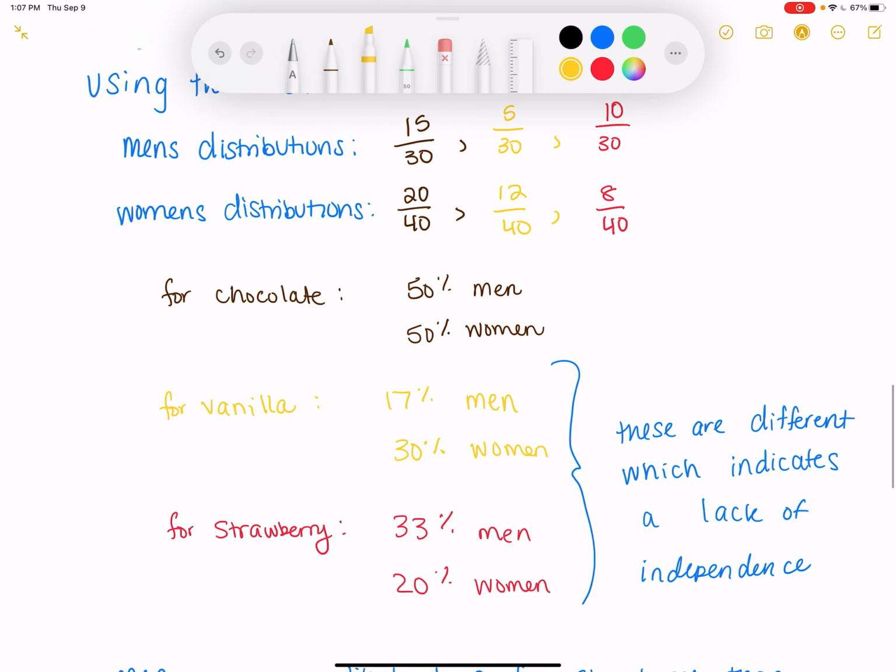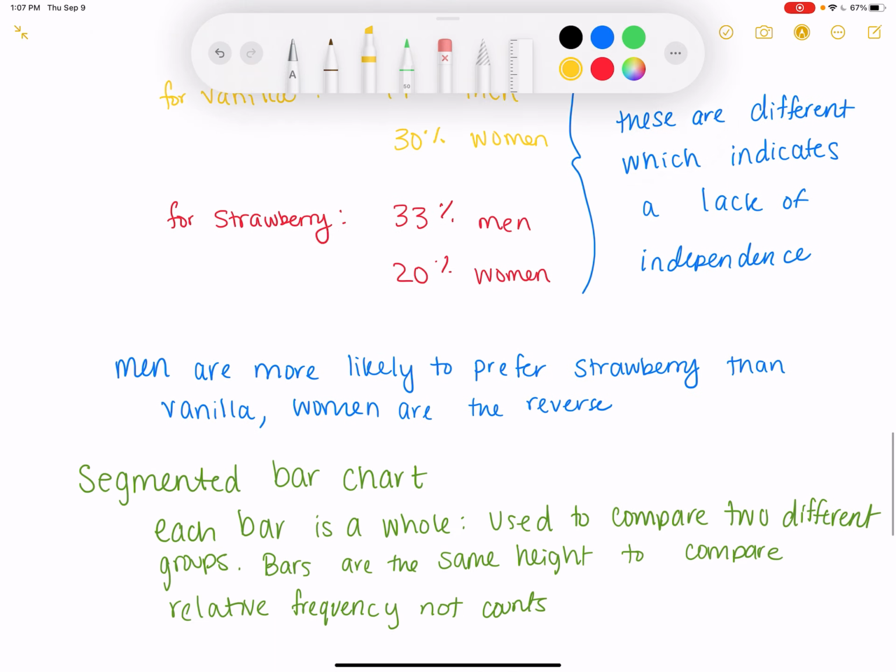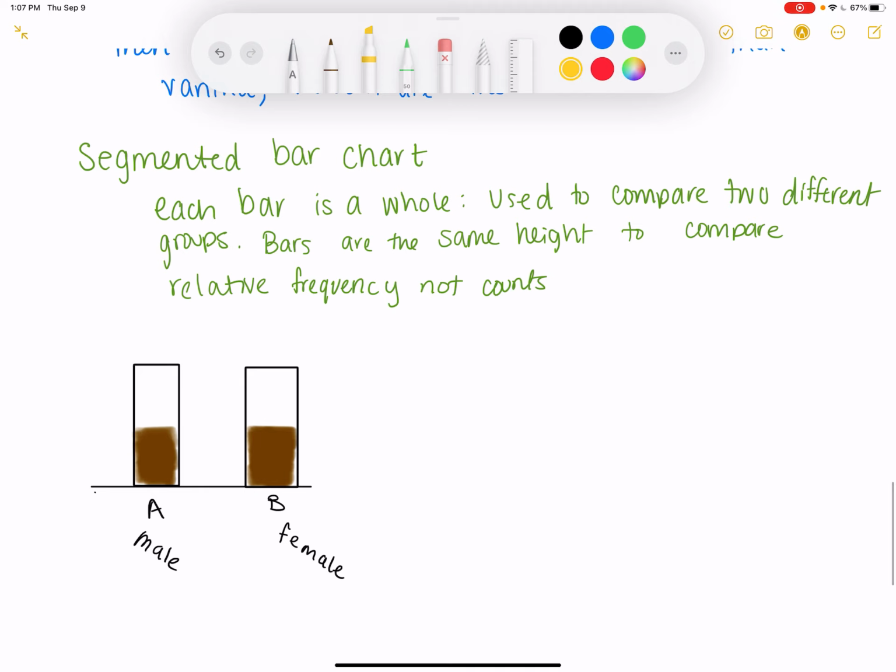So it was 17% for men, 30% for women, something like that, about. And then strawberry was what was left over.